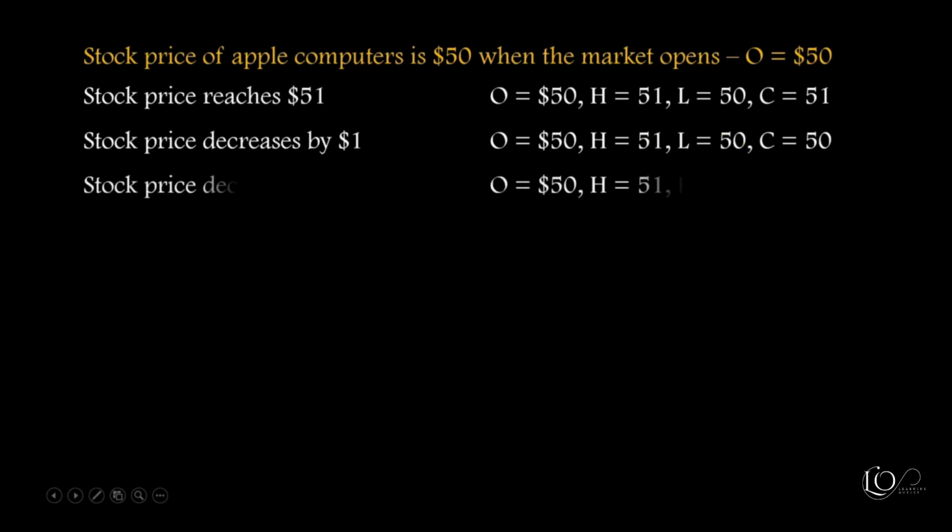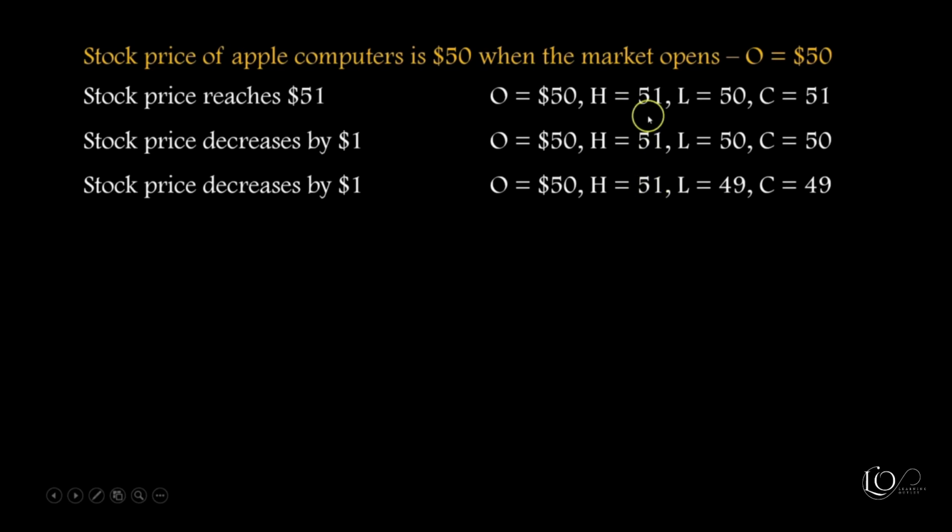Let's take the next one. Price decreases by another $1. So opening price is 50. The closing is now 49 because it's gone down by another $1. The high is going to remain the same. The highest possible price that we have is 51.